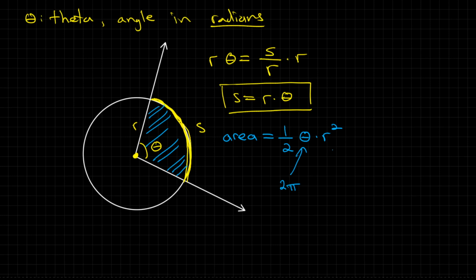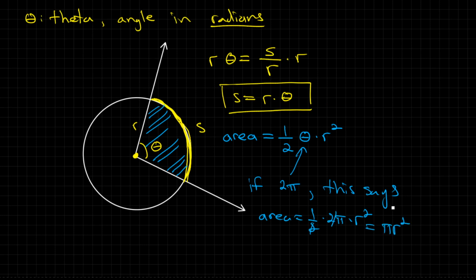Then you get the formula for the area of a circle, because if theta is 2 pi, then the area is 1/2 times 2 pi times r squared, which is pi r squared.